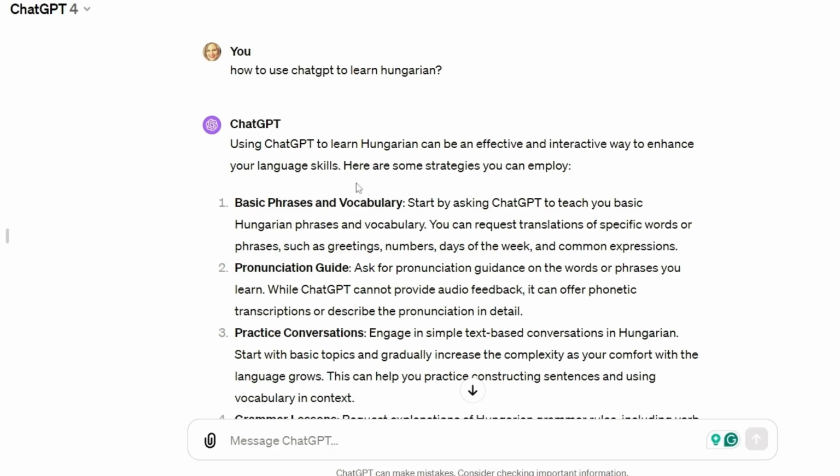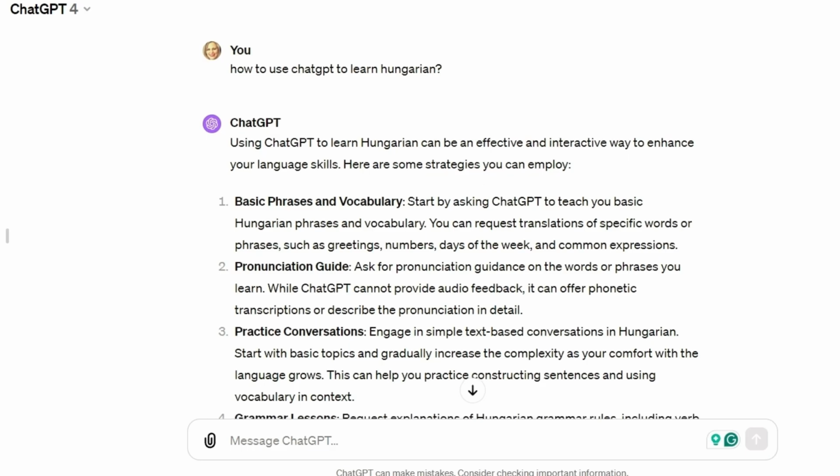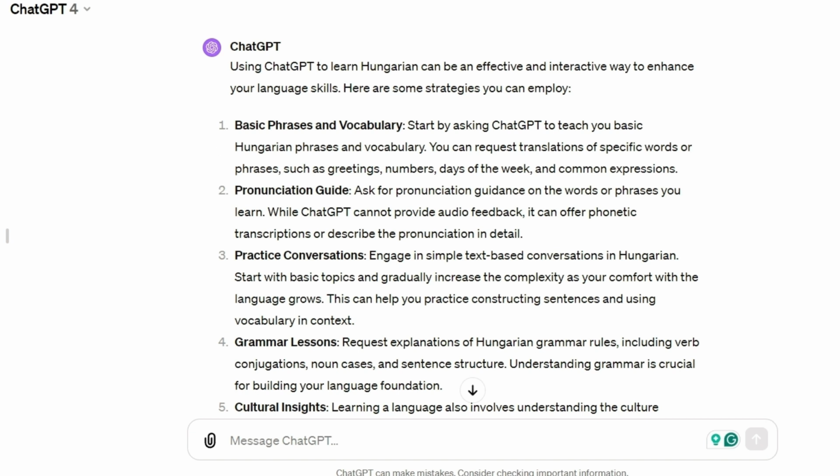But now let's dive into how ChatGPT can assist with learning and practicing Hungarian. I have already asked Chat to tell me how I can benefit from it, so let's see what it suggests. It says, using ChatGPT to learn Hungarian can be an effective and interactive way. For example, here are some strategies you can employ. Basic phrases and vocabulary.